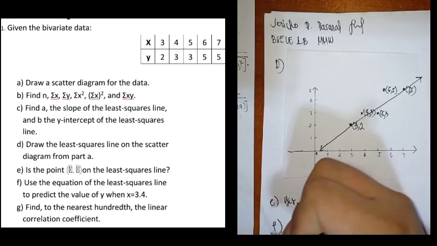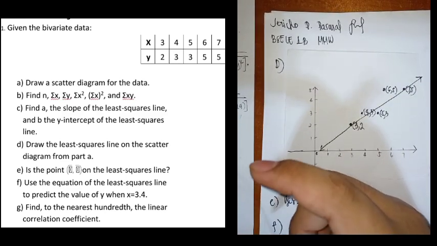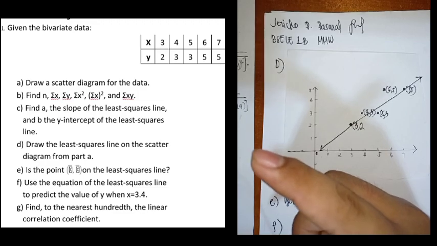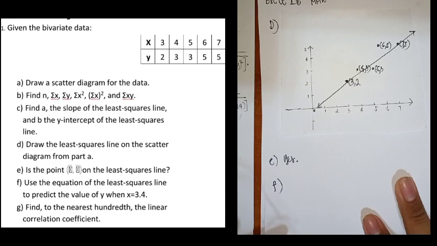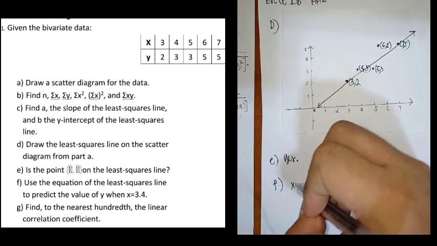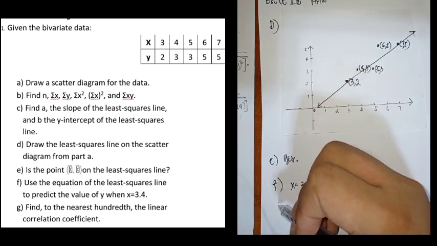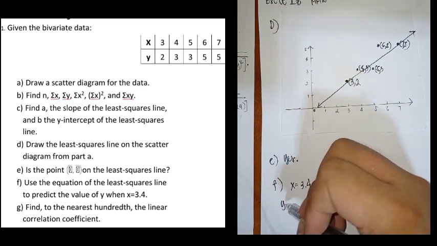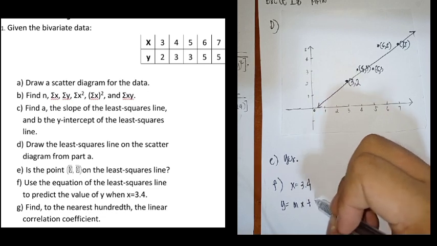Letter F: use the equation of the least square line to predict the value of y when x is equal to 3.4. So when x is equal to 3.4, what is the value of y? All we need to do is use the formula y equals mx plus b.